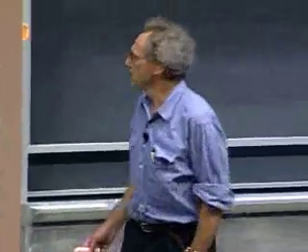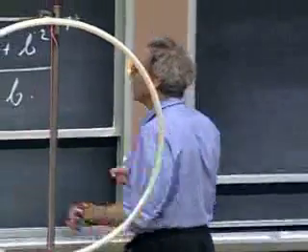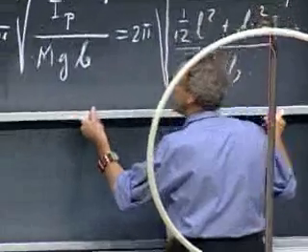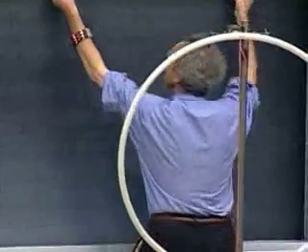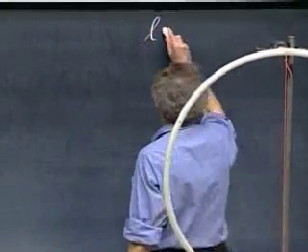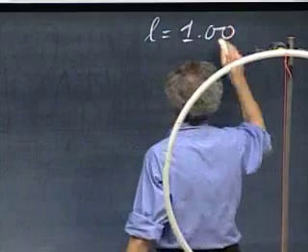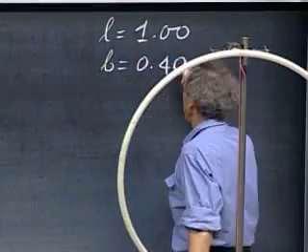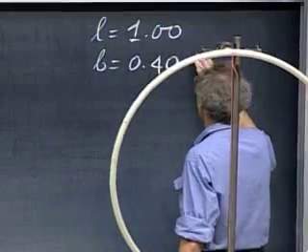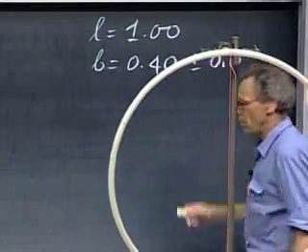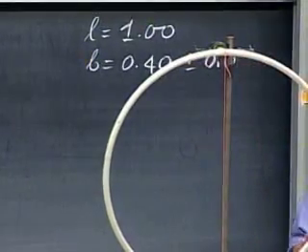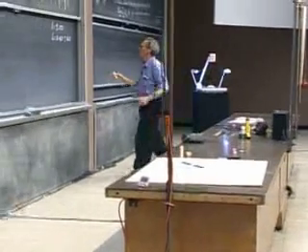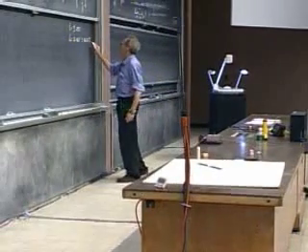In our case, b equals 40 centimeters, and it is an exact meter stick. So L equals 1.00, and b is about 40 centimeters, but we could be off by something like maybe 2 millimeters. It's not so easy to get that hole in precisely.